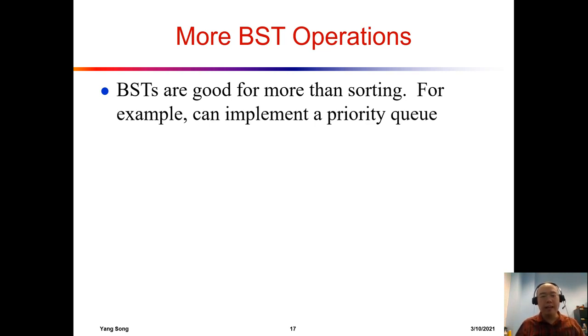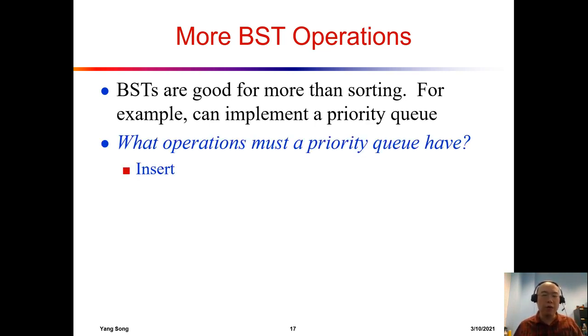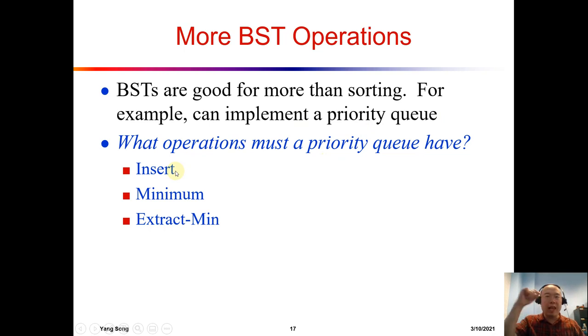For the priority queue, there are a few behaviors we want to have. We want to do insertion. We want to find the minimum, and we want to extract the minimum. For the insert, we just add a value to the priority queue structure. For the minimum, we want to check what is the minimum in the structure, but we are not taking anything out.